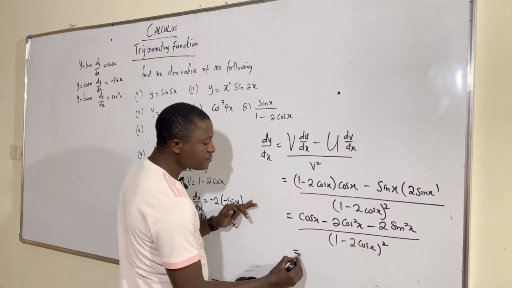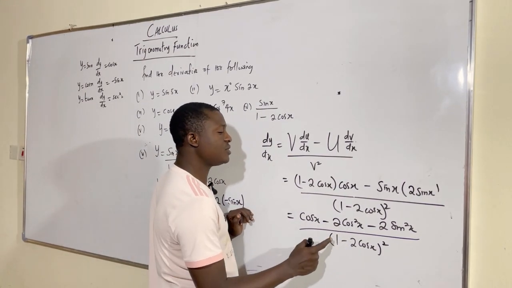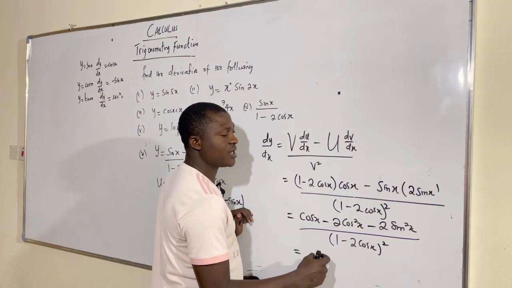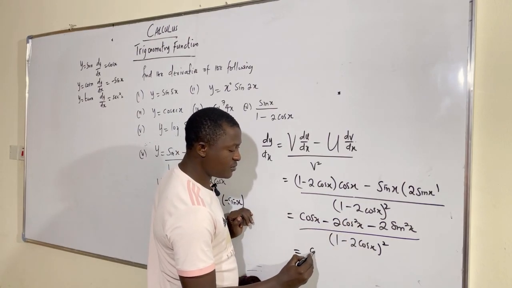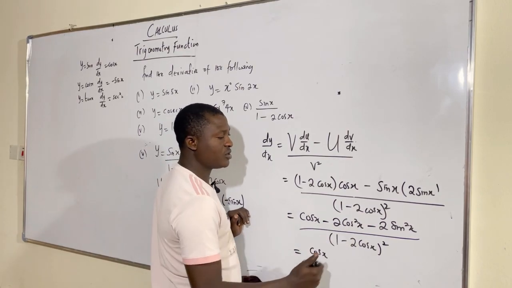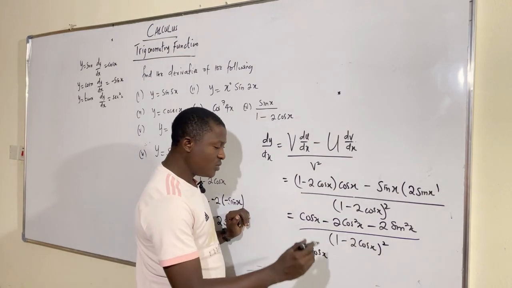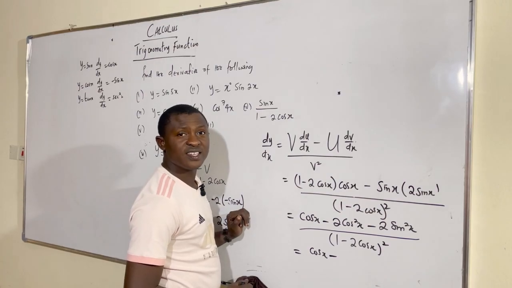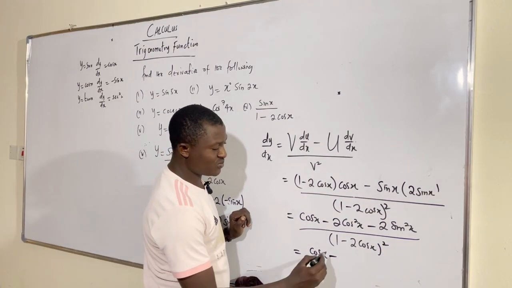So here we have this result. I want to combine this together, or let's factor something out from here. I can have cos x. If you check this from here to here, what do we have in common? 1 minus is common. What again? 2. Good.